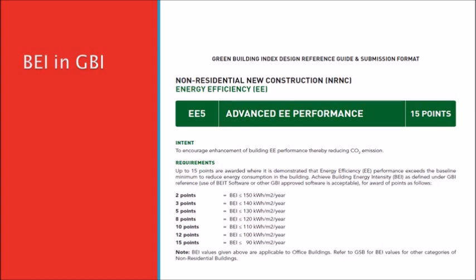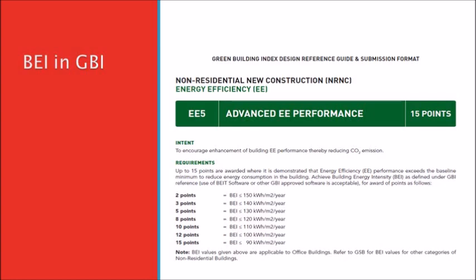You should try to achieve the lowest BEI possible for your buildings, and the minimum BEI you should target for your building to get the lowest point, that is 2 points, is that it should be less than 150 kilowatt hour per meter square per year. And if you reduce more and more, you get more and more points, up to a maximum of 15 points. That is, if you can achieve 90 kilowatt hour per meter square per year.